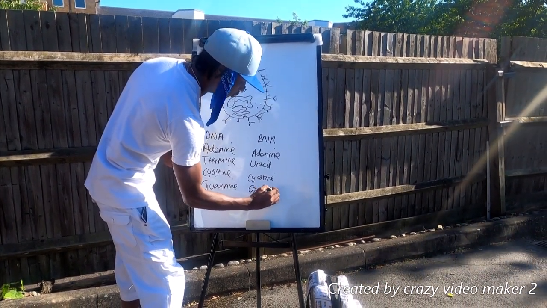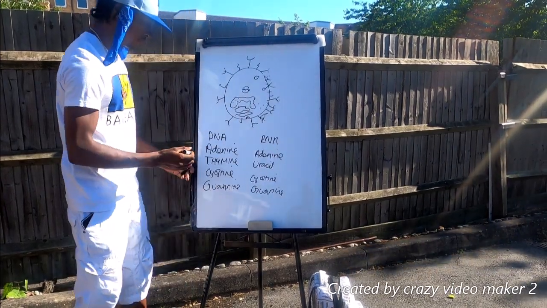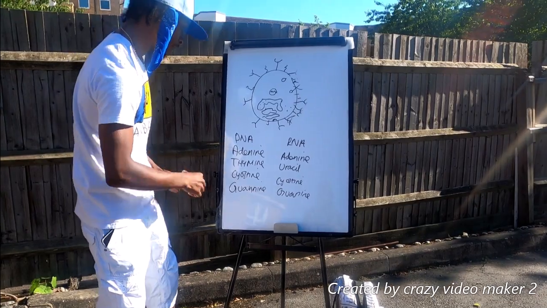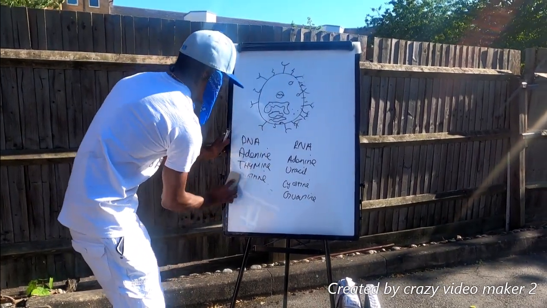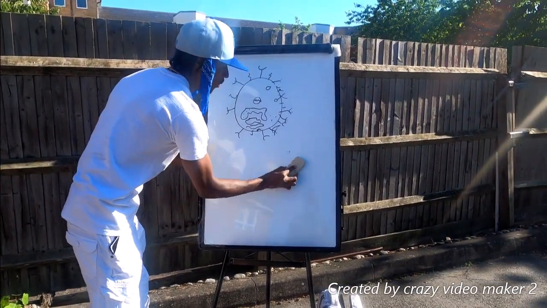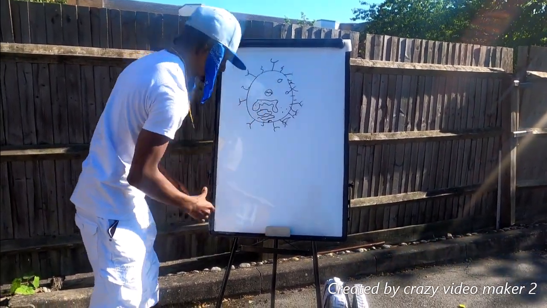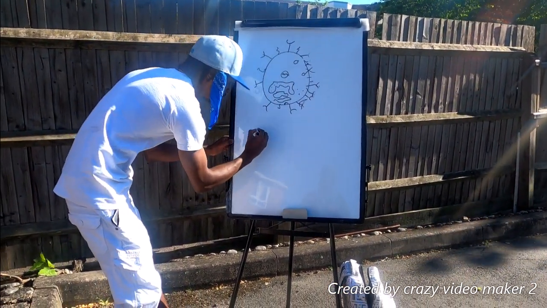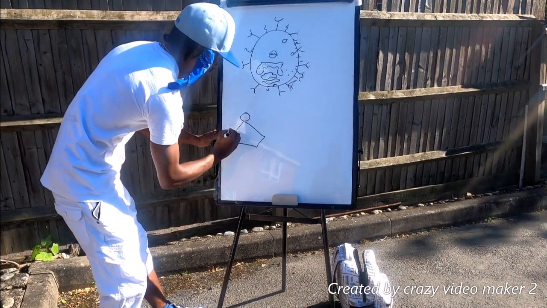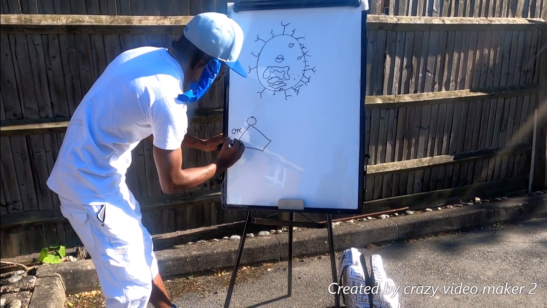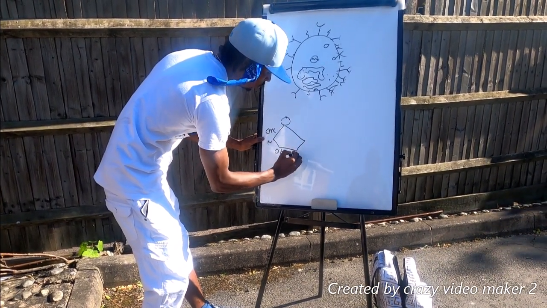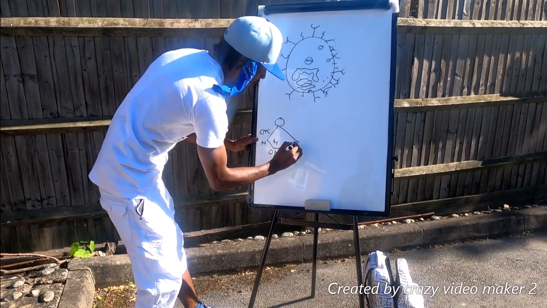Okay, so that's the nitrogen bases of DNA and RNA. Now the formula of DNA and RNA. For DNA, you have the oxygen, CH2, hydrogen, oxygen, hydrogen.